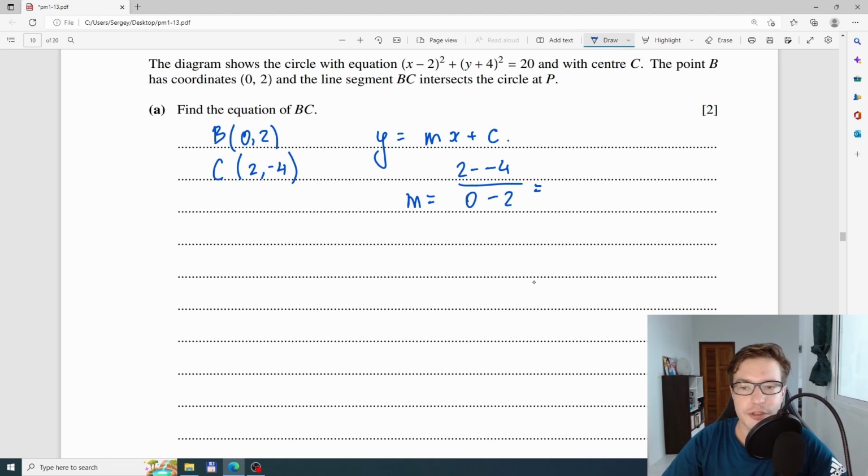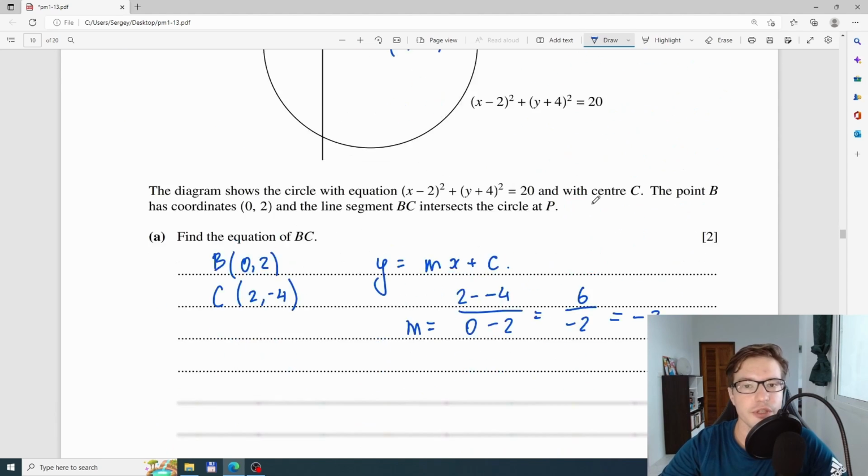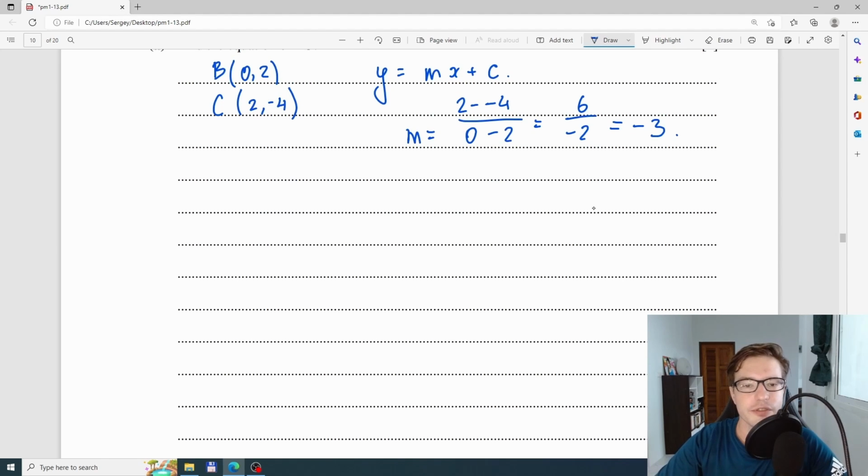Minus and minus will be plus, so I get 6 divided by minus 2, which is negative 3. And c is the y-intercept, and we don't really have to do anything in this case because we can see it straight away, right? The line intersects the y-axis at the point (0, 2), so 2 is our y-intercept. And we're ready to state the answer. Y equals minus 3x plus 2.